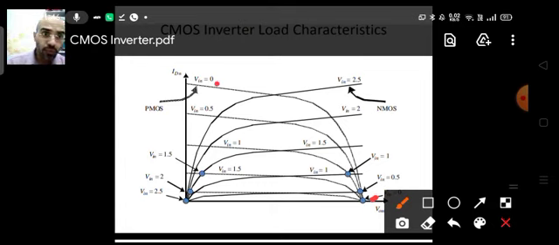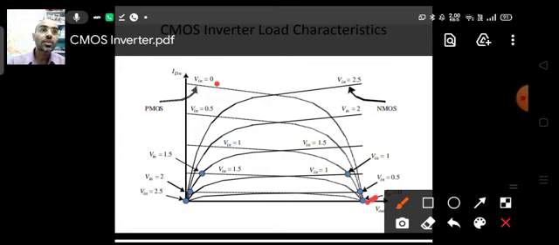For these two characteristics, the point of intersection will be this particular one. So this point is the intersection of the NMOS and PMOS characteristics for Vin is equal to 0. You have to just see that first.